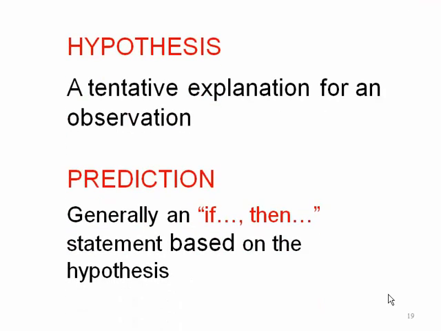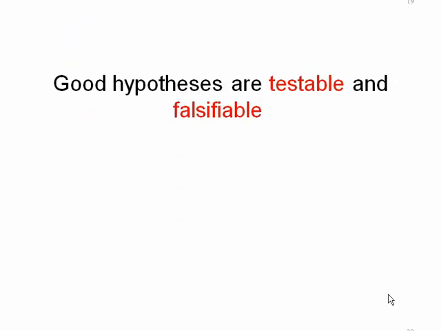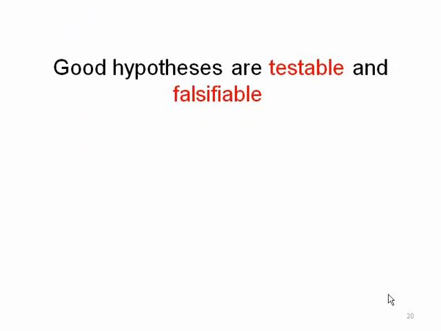So the way in which scientists used this inference was to pose a hypothesis, which is a tentative explanation that describes an observation. It's usually posed in the form of a prediction, so there is some sort of if-then statement based on the hypothesis. Some of the key attributes of hypothesis testing are that the hypothesis statements themselves can be tested and they can be falsified.